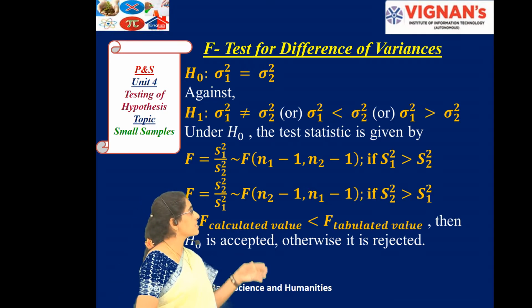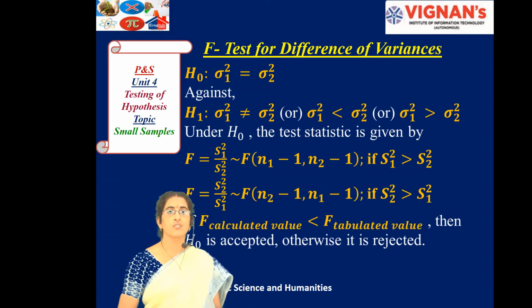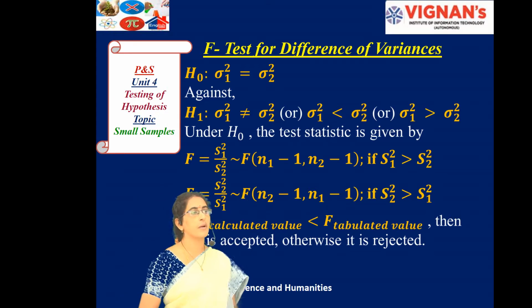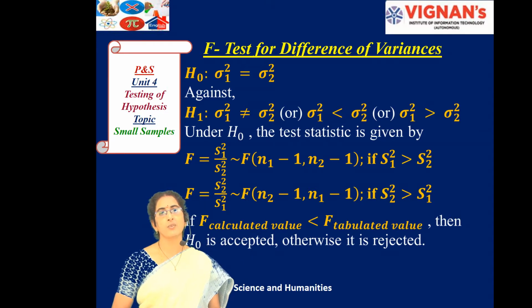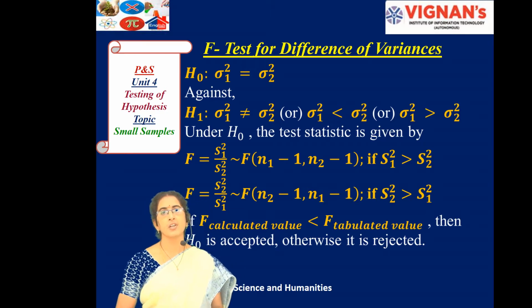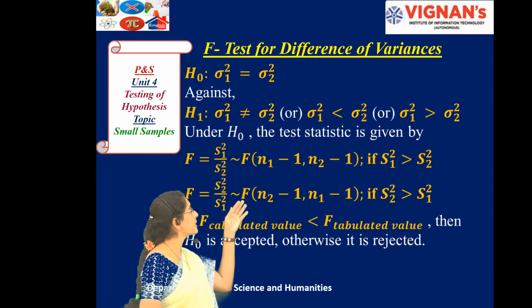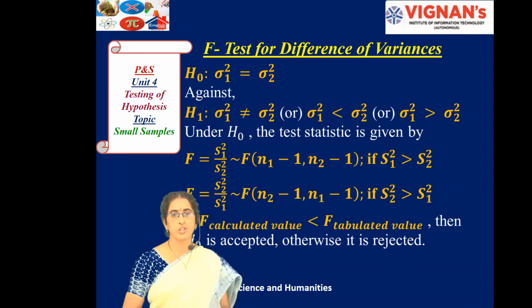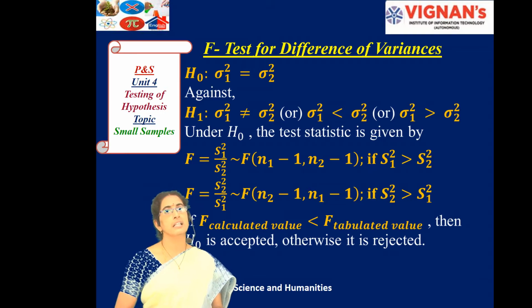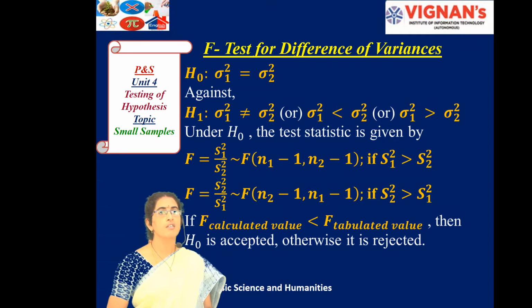To test the significant difference between the variation of two populations, or between the deviation of the two populations, the null hypothesis is given by sigma 1 square is equal to sigma 2 square. Against the alternative hypothesis, it can be two-tailed or one-tailed. Two-tailed means sigma 1 square not equal to sigma 2 square, and one-tailed means sigma 1 square less than sigma 2 square or sigma 1 square greater than sigma 2 square.